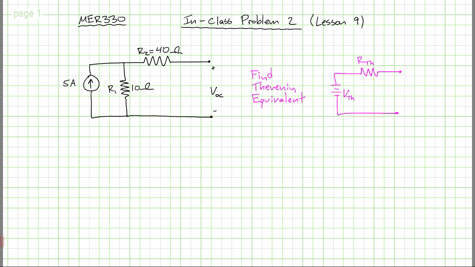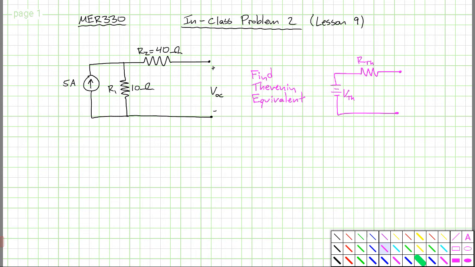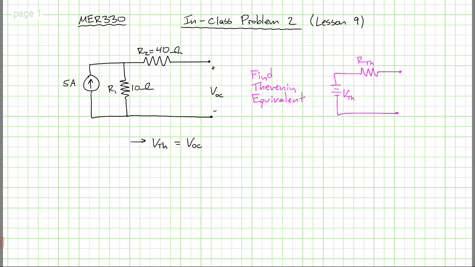Remember, to solve a Thevenin problem, we always need to find 3 things. We need to find the Thevenin voltage, which will be equal to the open circuit voltage. In other words, if we were to find this voltage right here, that's going to equal our Thevenin voltage.